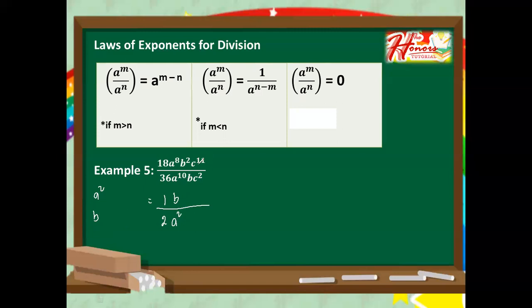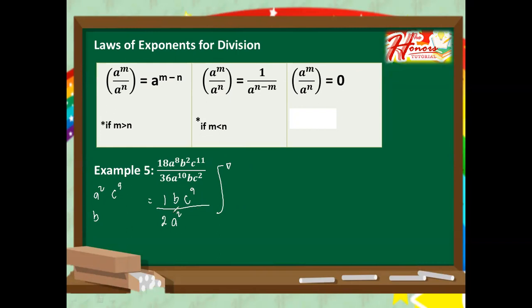Next, c raised to 11 over c raised to 2. Subtract the exponents. So we have here c raised to 9. Where are you going to put c raised to 9? On top again. Why? Because c raised to 11 is bigger than c raised to 2. So now, what we are going to do is simplify the numerator. What do I mean by simplifying the numerator?